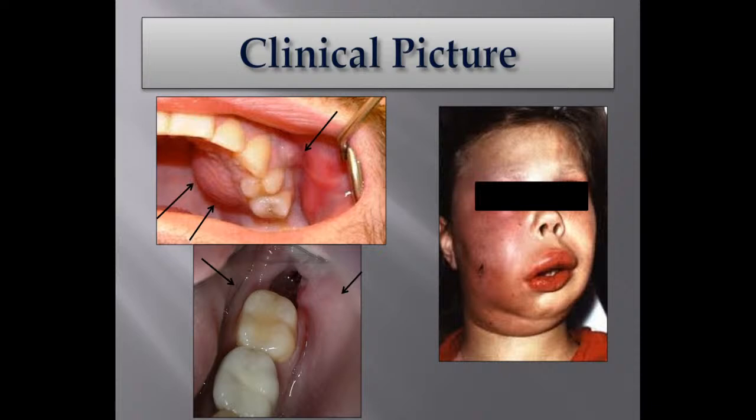In the early stages, findings on plain radiographs may be unremarkable in the acute stage, but in the chronic stage, only by X-ray can we make the diagnosis of osteomyelitis of the jaw.